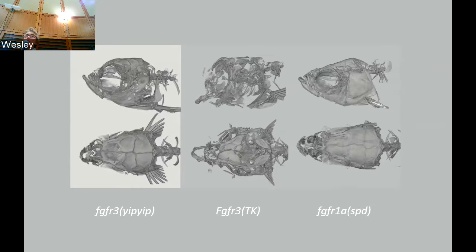And these are mutants that were either identified in forward genetic screens or generated by direct targeted mutagenesis in the Harris lab. And so this is a likely null mutation in the FGFR3 gene that has, as you can see, sort of mispatterned extra sutures.